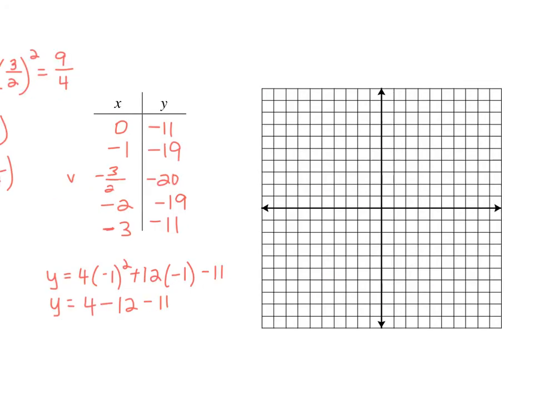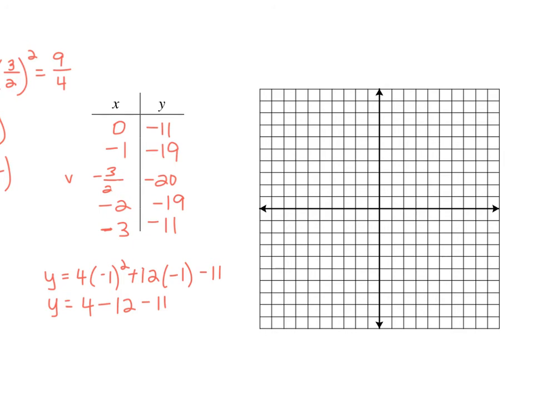Once again, I'm going to scale my x-axis by 1s and my y-axis by 2s. So in other words, I'll put a -2 here since it looks like I'm going to be graphing all negative y values.